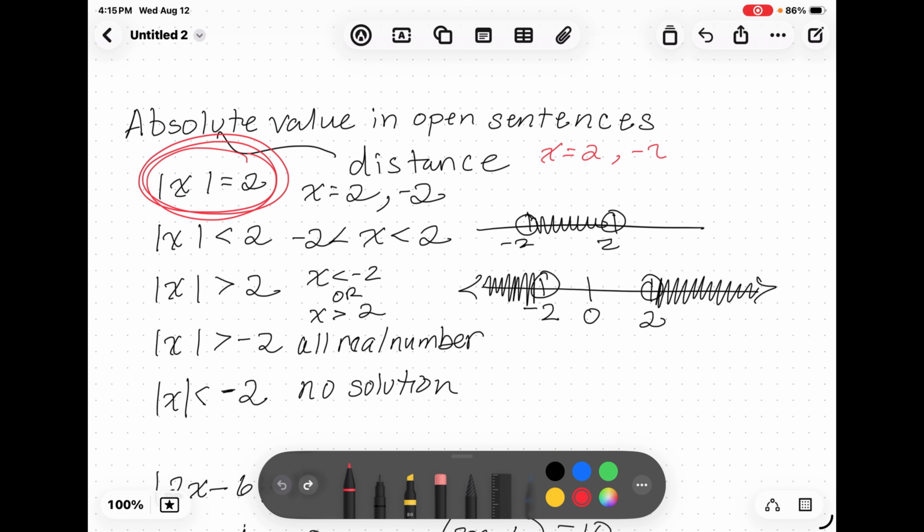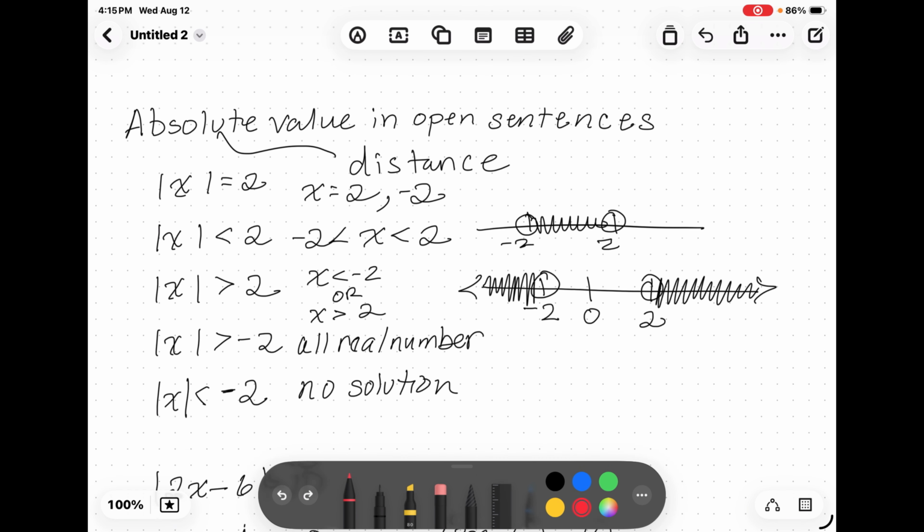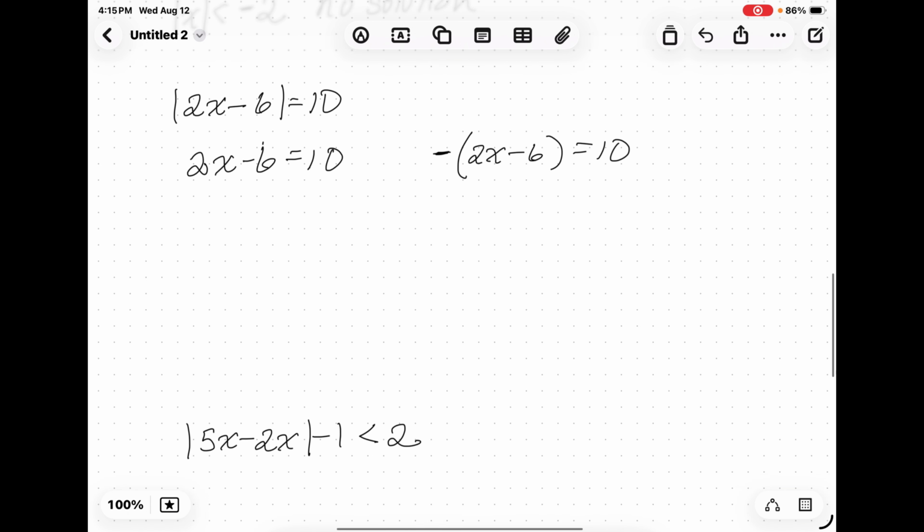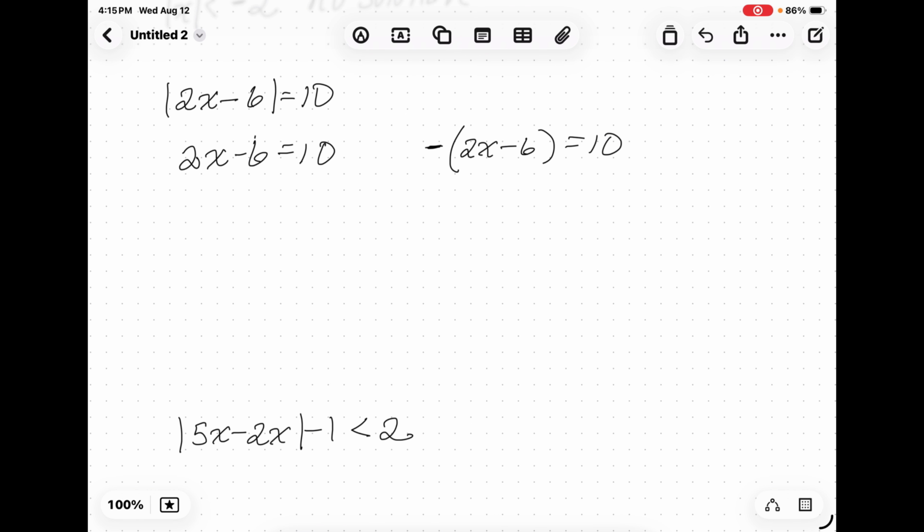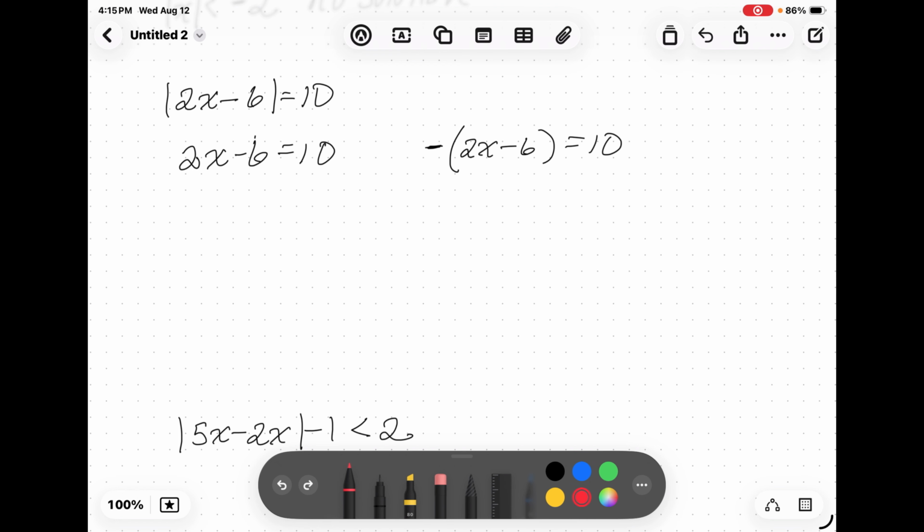Let's go back down to the problem we were on here, right? And then we've just got a couple of equations that we need to finish solving, okay? So here I'm going to go plus 6, 2x is equal to 16, so x is equal to 8.